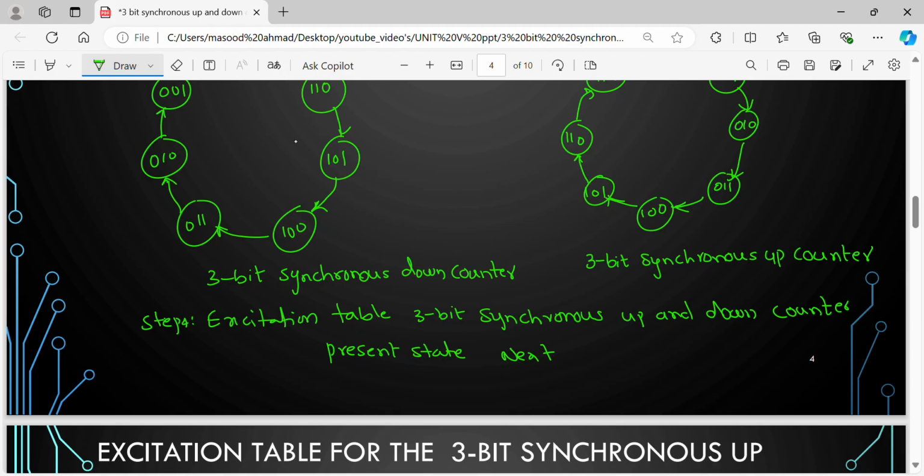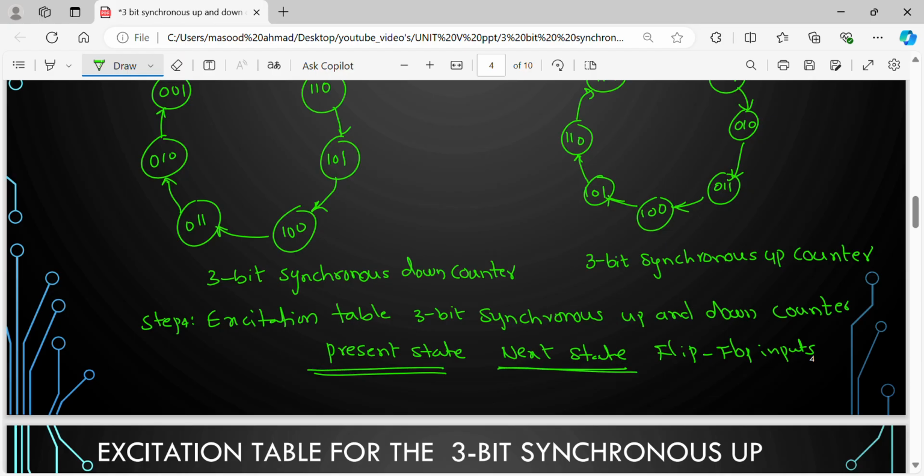Then we are going to look at the flip-flop inputs, such that for this present state to this next state, the set of flip-flops is going to move. So what flip-flop inputs are required for the present state to the next state, that is what we are looking for.